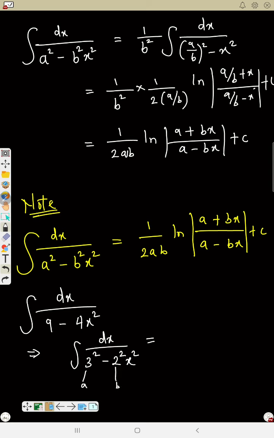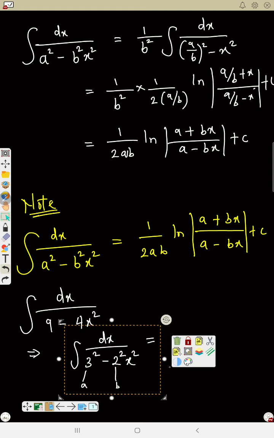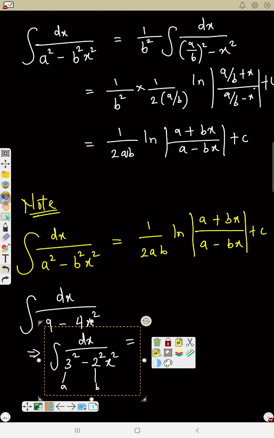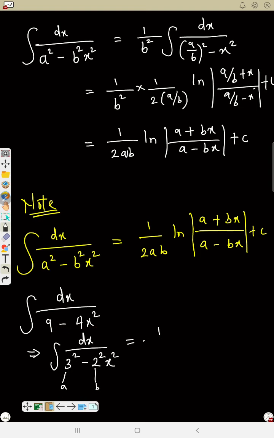So if you substitute in our formula, you will get 1 over 2ab. 2ab means 2 times a is 3, times b is 2, ln.